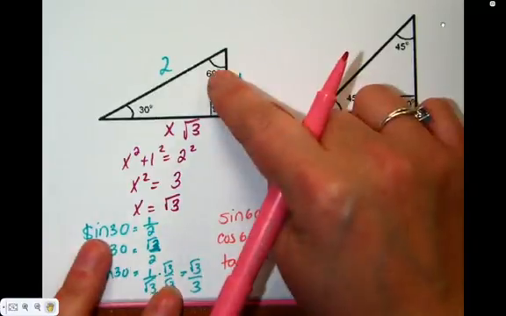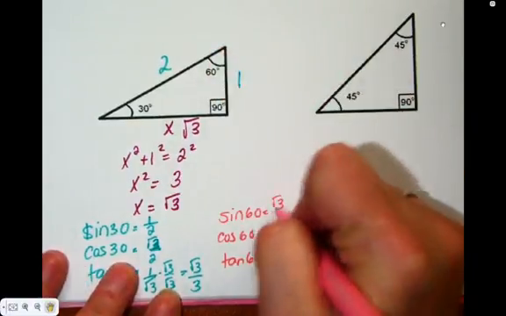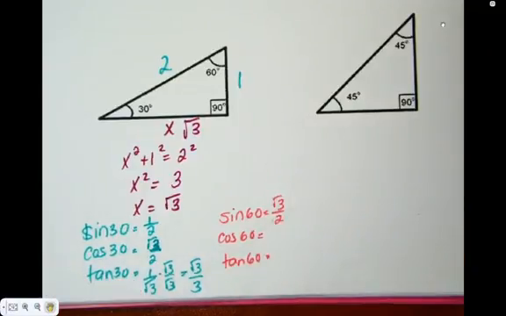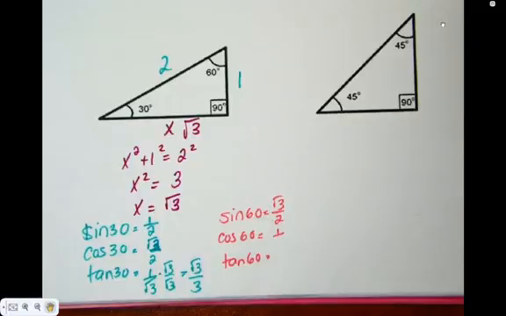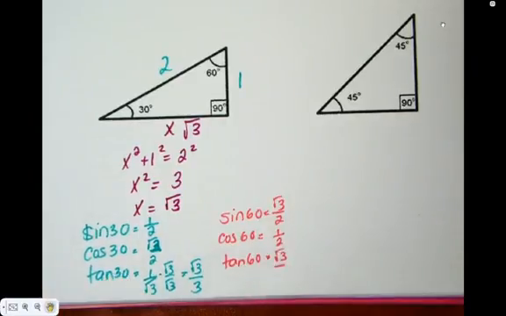Now we're going from the 60, so what's the opposite side to the 60? Root 3, hypotenuse is 2. Cos is adjacent over hypotenuse. What's the adjacent side? 1, hypotenuse is 2. Tan is the opposite over adjacent. The opposite is root 3, and the adjacent is 1.